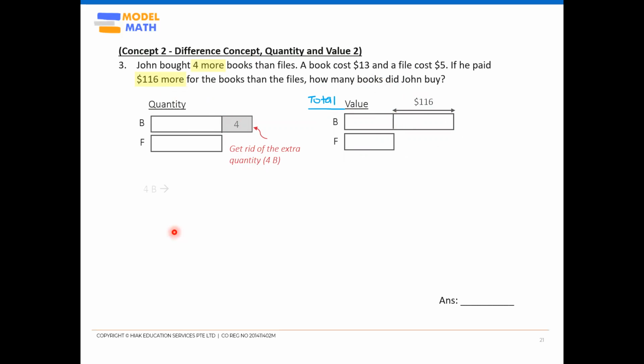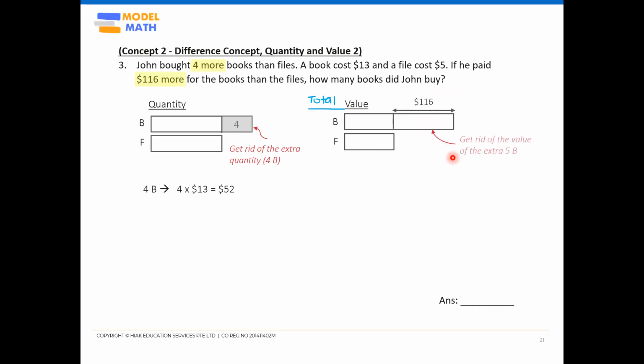So we need to find the value of those 4 books first, the cost of the 4 books. A book is $13, so 13 times 4 will be $52. So let's prepare to shade off $52 from the books model here. Of course, when you shade 52, it will be part of this 116, but don't worry.